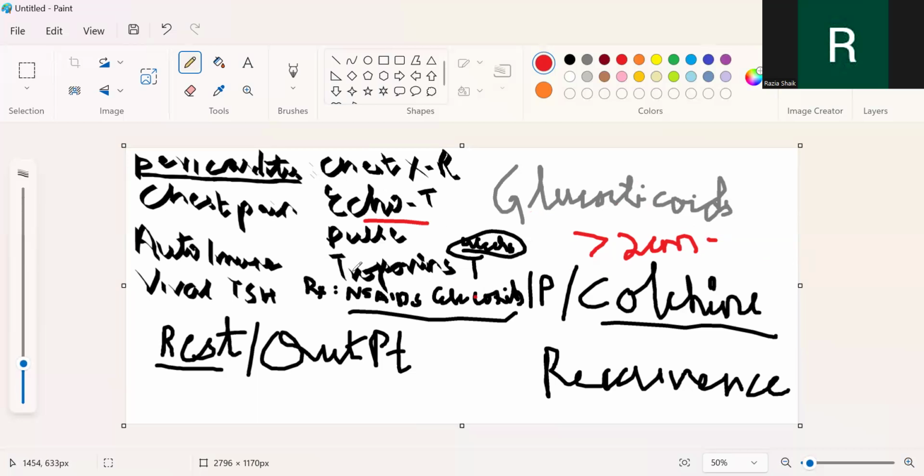So, if a patient has chest pain, there is a list of differentials that you might want to remember. Again, it can be esophageal spasm, gastritis, GERD, MI, pericarditis, or aortic rupture, right? When you remember these causes, it becomes very easy to cram down every single order.